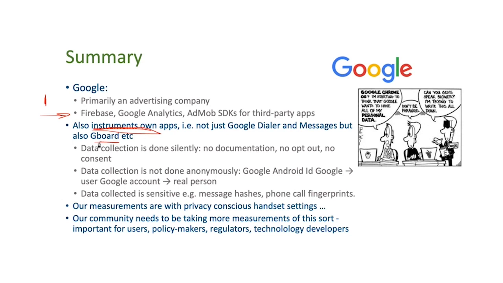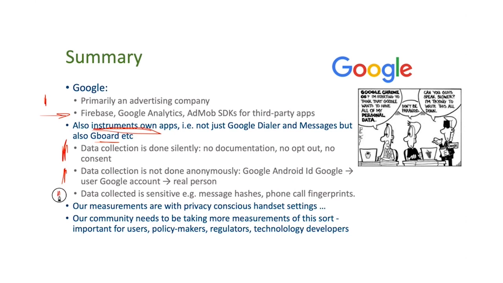That's the Google Keyboard. I think the important takeaways here are, however, this data collection is done silently. There's no documentation, no opt-out, no consent. It's not anonymous. The Google Android ID is linked to the user account, and for most people will be linked to their real identity. It'll also be linked to your advertising ID, and yet there's been no consent sought for that.